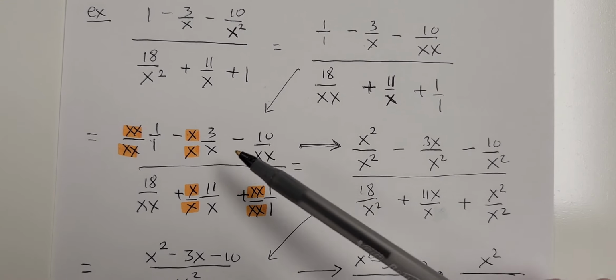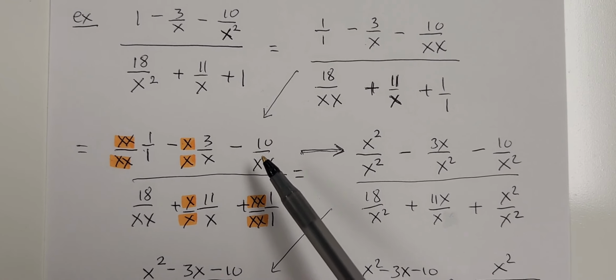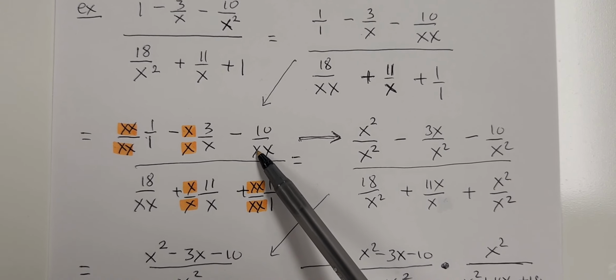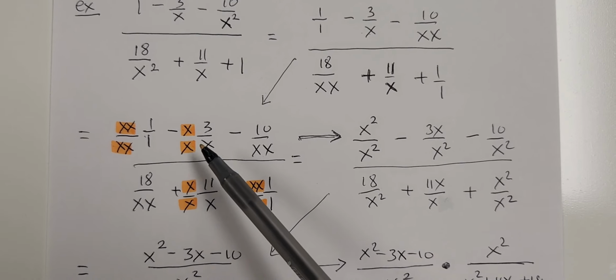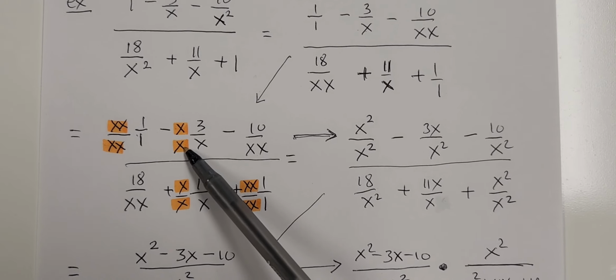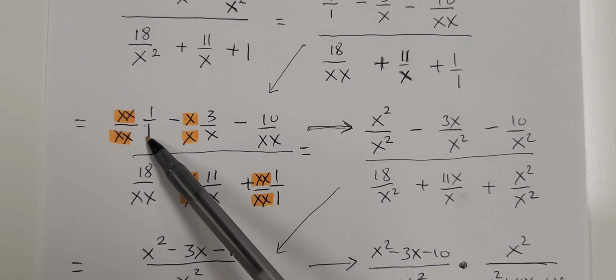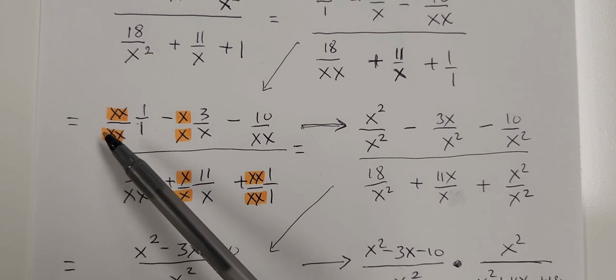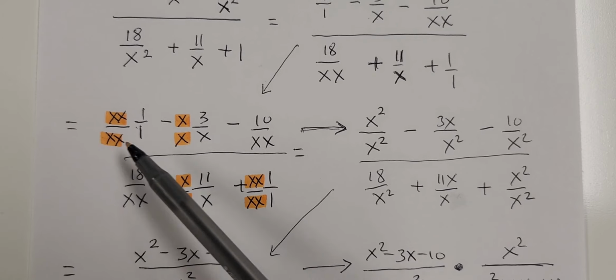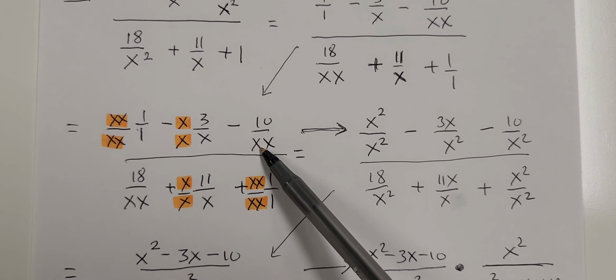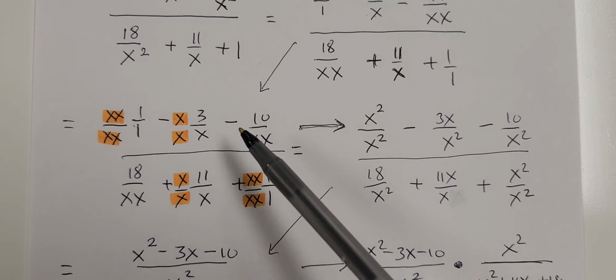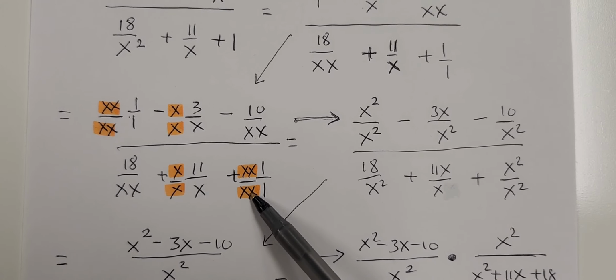Okay, so from here, I went to here. Again, from here, I went to here. And as you can see, this denominator has 2 x's. Over here, I just need 1 more because I already have an x. Over here, I don't have any x, so therefore I need 2 x's so that the denominator can be the same. So that's for the top. And the bottom is the same situation.